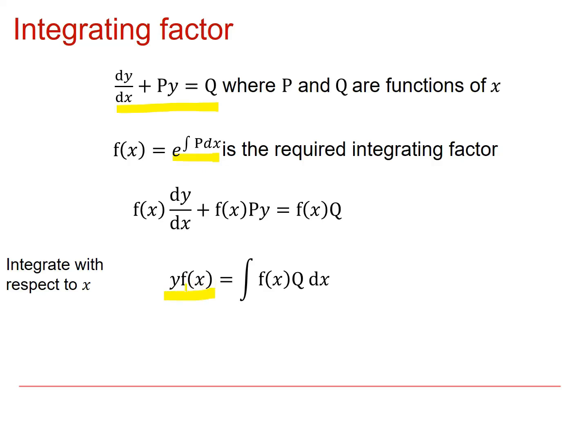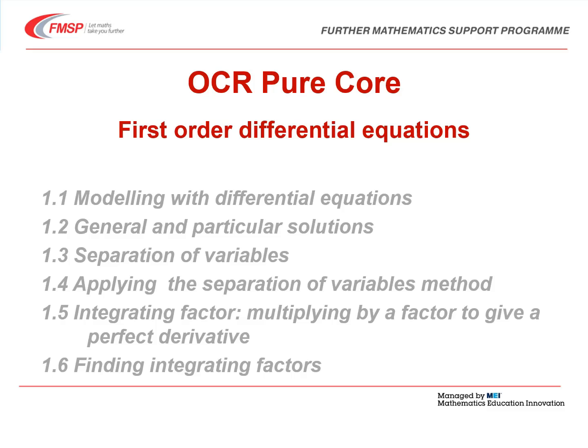So I've got the integrating factor times y is equal to the integral of the integrating factor times q. And that should all then just work out. And this will work for all first order linear differential equations that match this format. That was the final video in the sequence on first order differential equations.